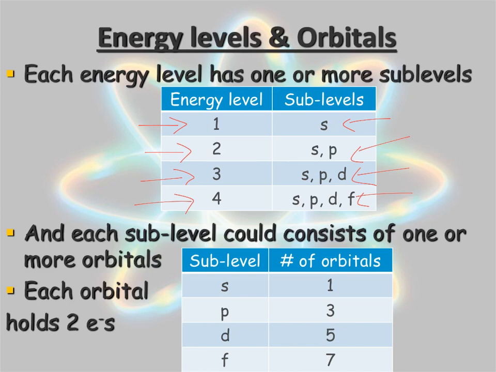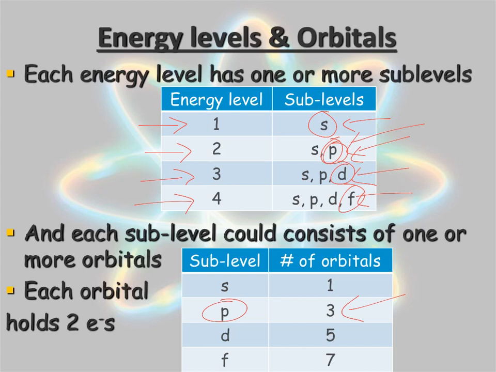Now, also understand that for each of these SPDF orbitals, there is potentially more than one of them per sublevel. So, for example, there's actually 3 p orbitals for every sublevel. So when I'm saying p, there's actually 3 of those.